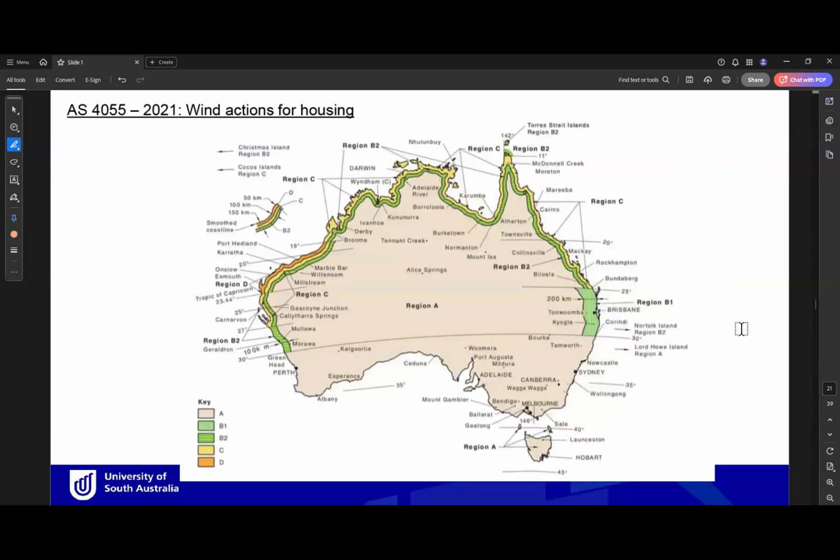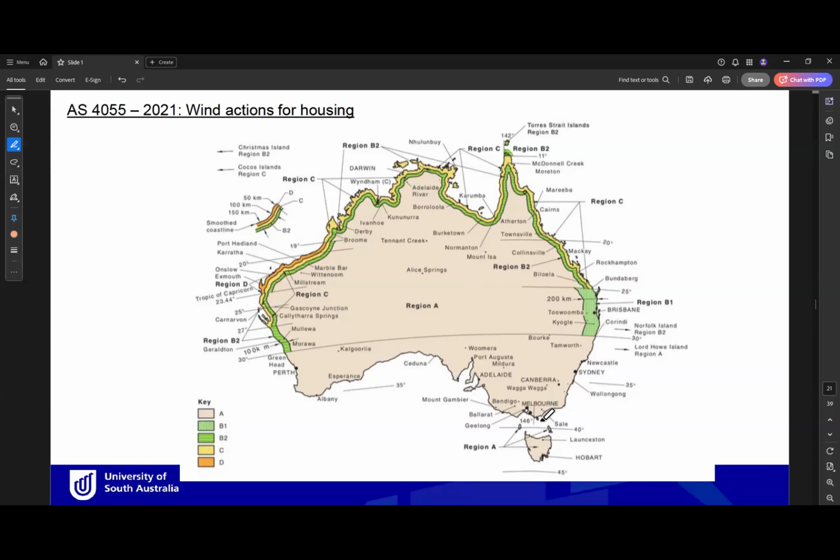The map from the standard is here. If you go to the standard from this link, you will find this map. Same criteria, same division of the map and same regions, A, B1, B2, C, and D, but with more cities.